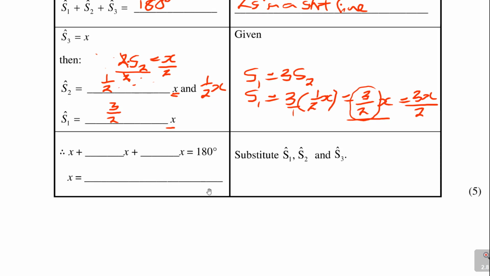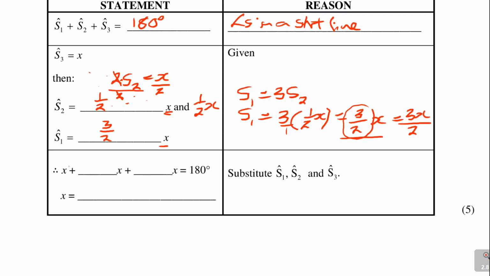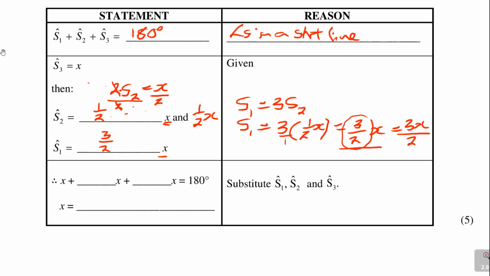It's the same thing. And then they are saying X plus this is equal to 180. Now we are back to S1 plus S2 plus S3. So we are saying here X plus 1 over 2X, that was S2, plus S1, which is 3 over 2X, is equal to 180.